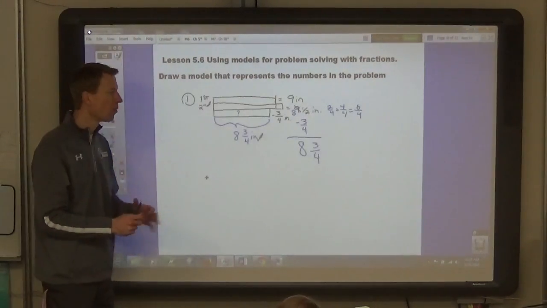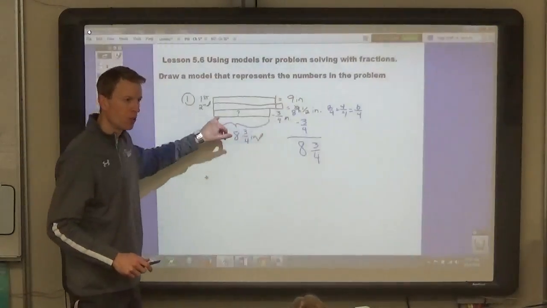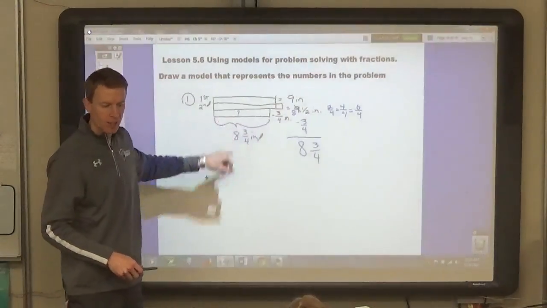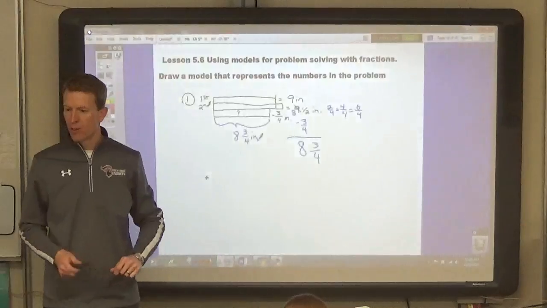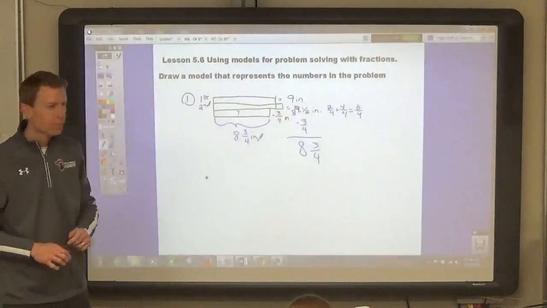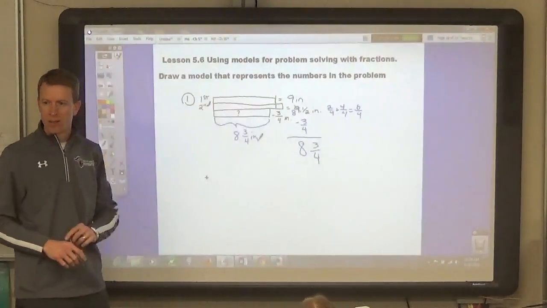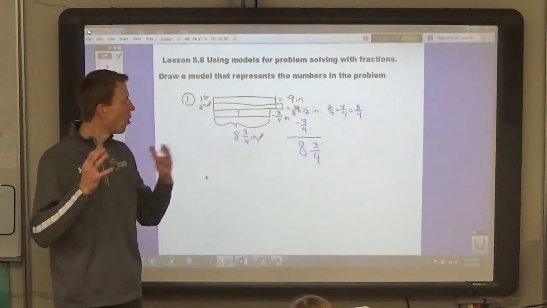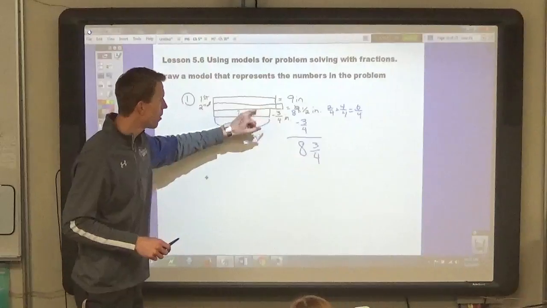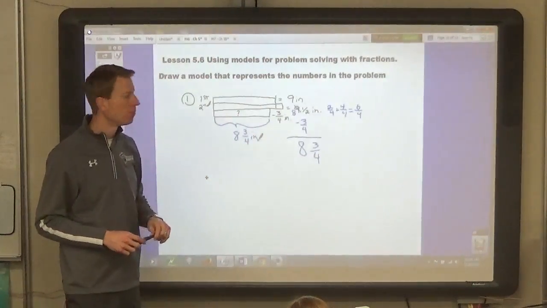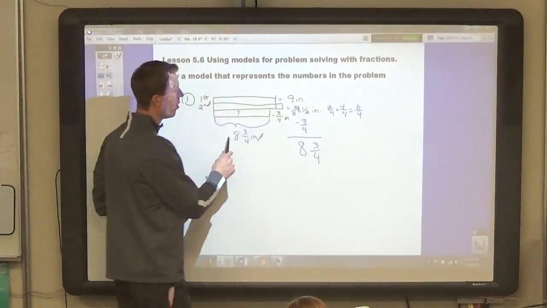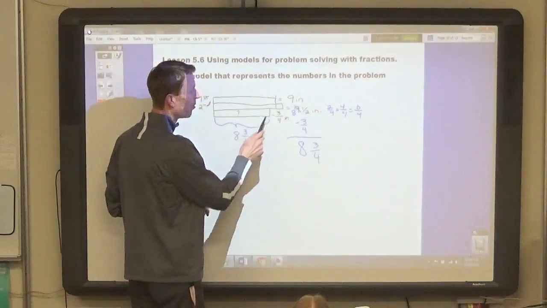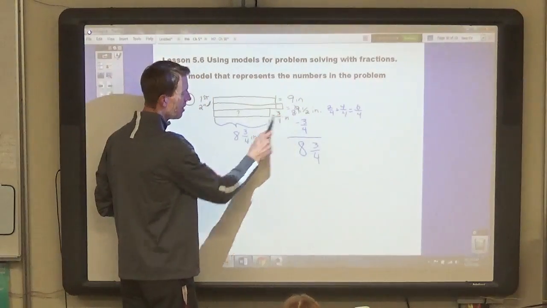So then you have to go back. Now that we know this, you can't assume that that's the answer. You have to reread the question. Correct. The question is how much total wicker of the three pieces. So we have to add the whole numbers of the original numbers. 9 plus 9 plus 8.